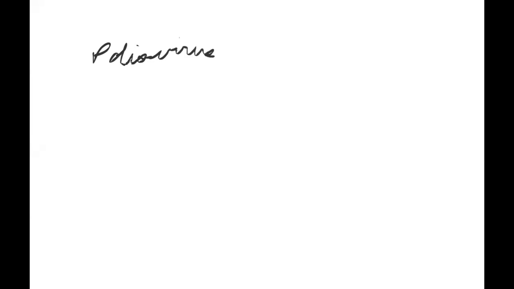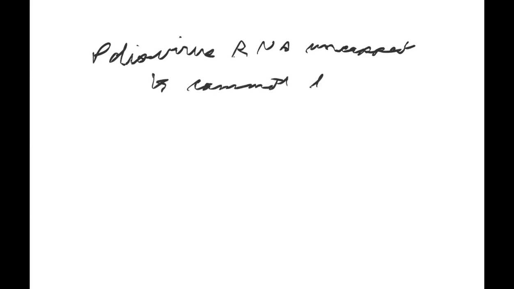The RNA is uncapped, and what that means basically is it's going to cause problems with the EIF4E, so it cannot bind to the EIF, which was the first step in the normal way of things.